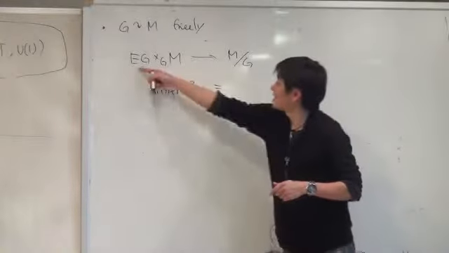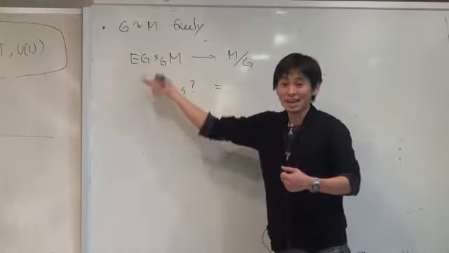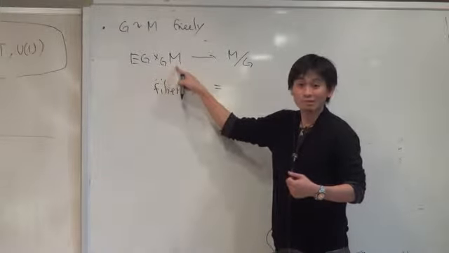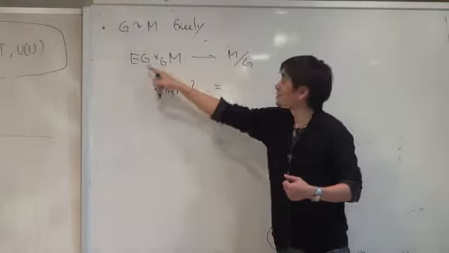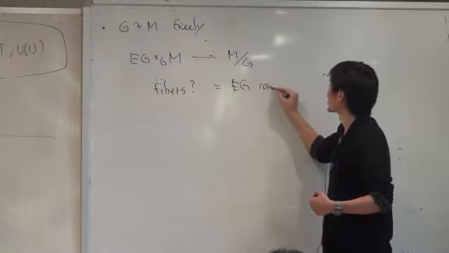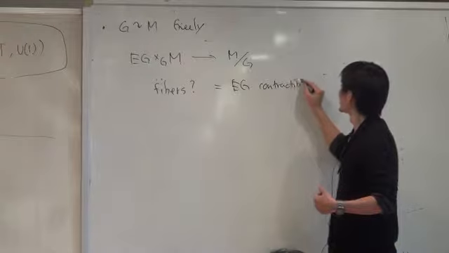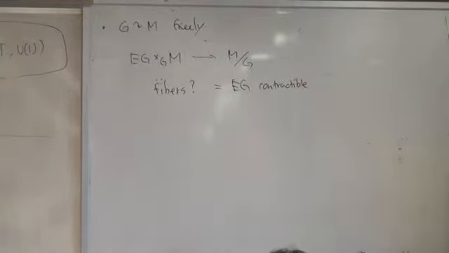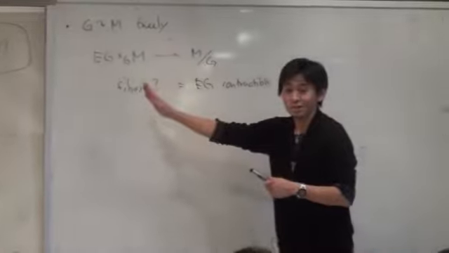Fibers are just EG, right? You're taking a quotient by this diagonal action, but G acts on M freely, so you can recover everything in the fiber. And EG is contractible in nice cases. Let's just say G is a compact Lie group. In that case, EG is always contractible, so the fibers are contractible.